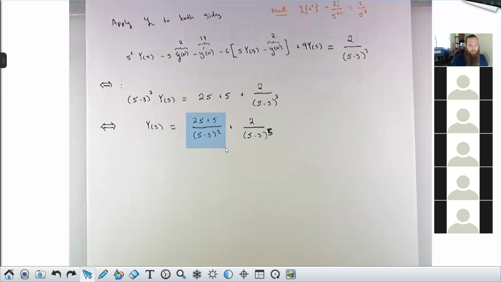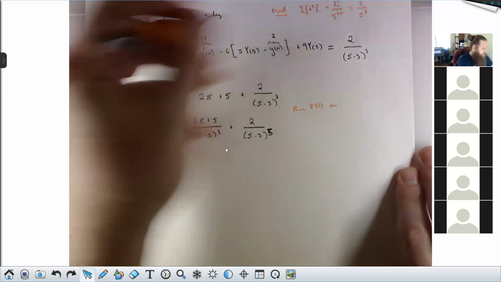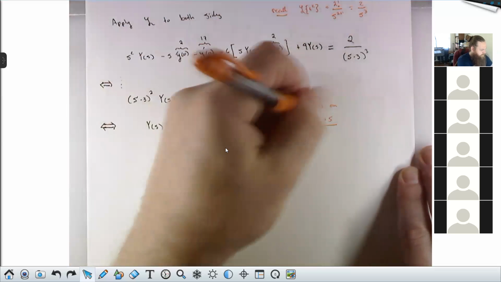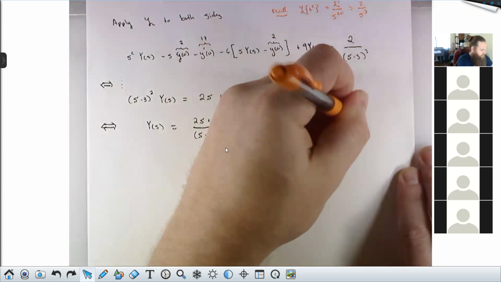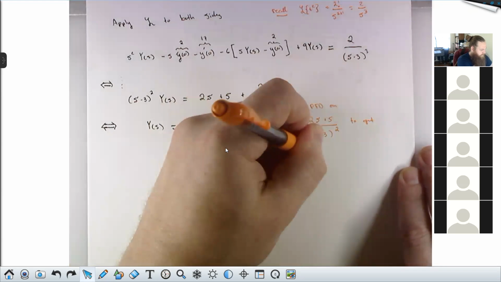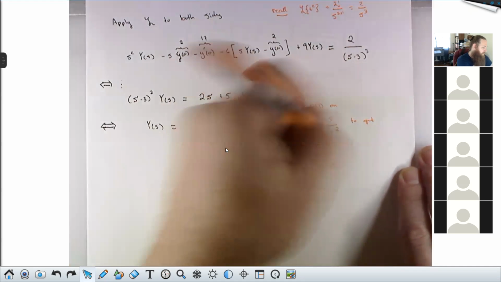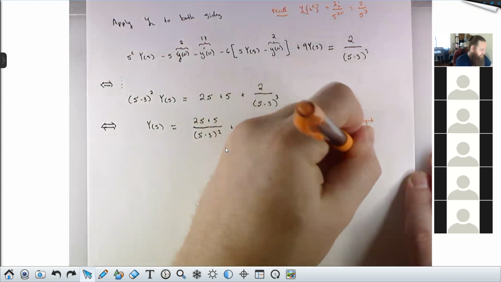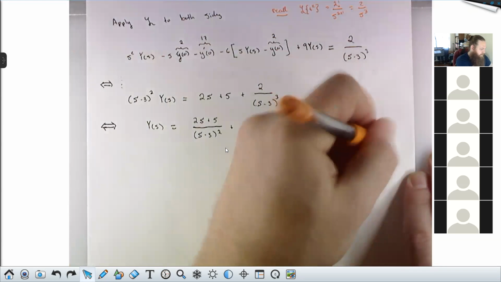I know that this piece through PFD, so we run PFD on (2s + 5)/(s - 3)^2 to get (2s + 5)/(s - 3)^2 equals, and again, the details of the partial fractions I'm going to leave to you, 2/(s - 3) + 11/(s - 3)^2.